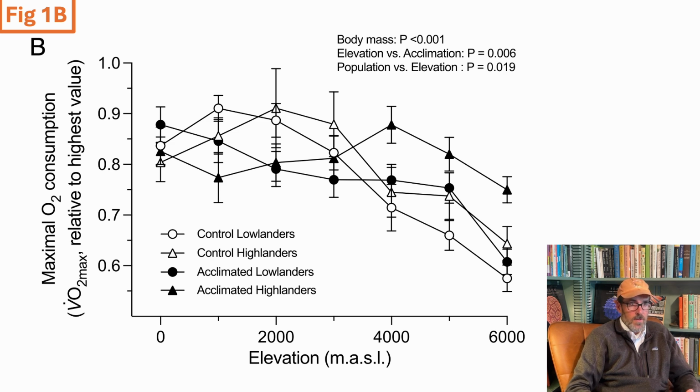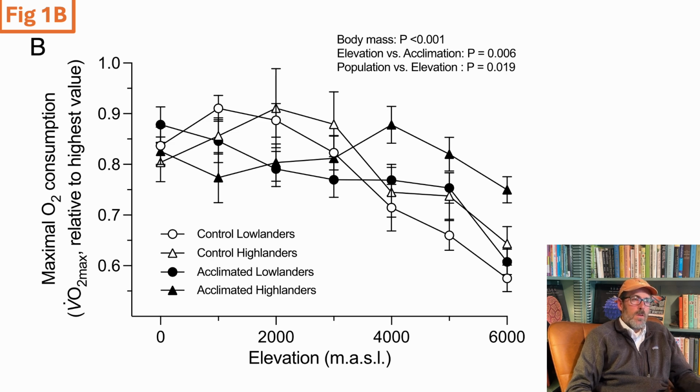A pretty big difference there. Goes in the predicted direction. Same in the control environment though too. The control highlanders had a higher VO2 max than the control lowlanders. The open triangle was higher than the open circle. I don't know if that one was significant, but it looks like it might have been.